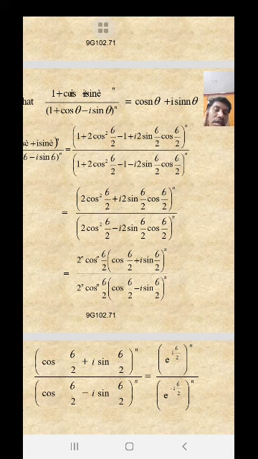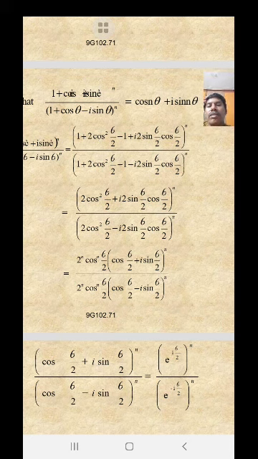Here we have taken 2 cos theta by 2 common, and the power is also applied because of whole power n. In the denominator also same, we are taking 2 cos theta by 2, but already the power n is there. So if we take completely outside, we can write 2 power n into cos power n theta by 2, and the remaining terms in the bracket are cos theta by 2 minus i sin theta by 2 whole power n.